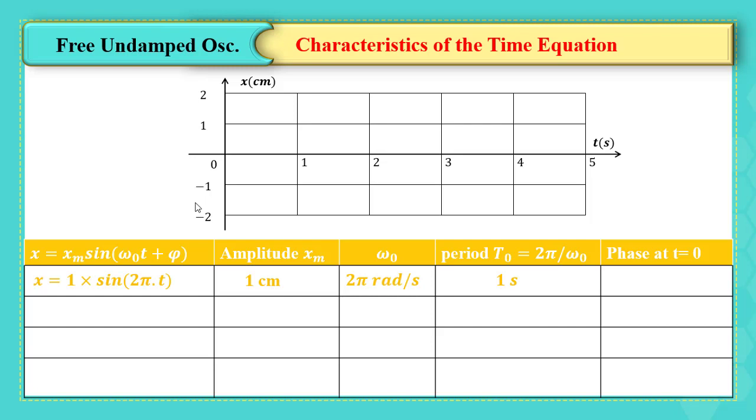The phase here is just 0. What is the graph of this equation? Okay, it is a sinusoidal one. It has a constant amplitude, which is 1, as we said, and it starts from 0 as the phase is 0 at t equals 0. Its period is only 1 second.